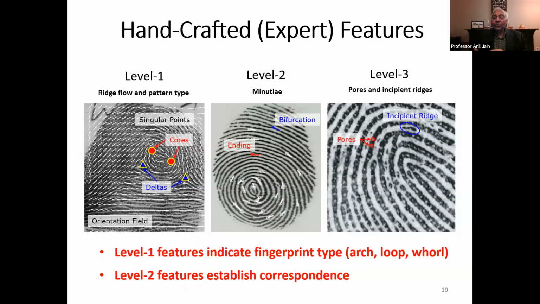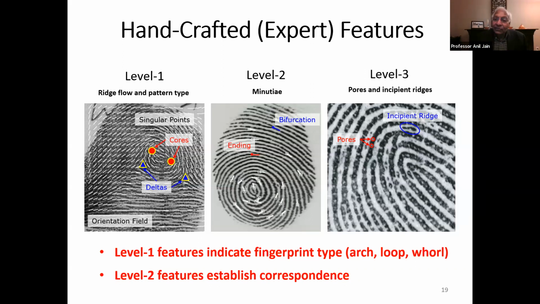In fact, if you look closely at your fingerprints, you will notice that you can tell whether the ridges are flowing from left to right, right to left, whether there is a double loop, that is both a left and a right loop, also referred to as the whorl, or whether it is an arch or a tented arch.